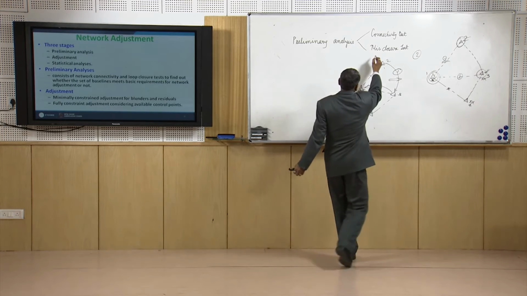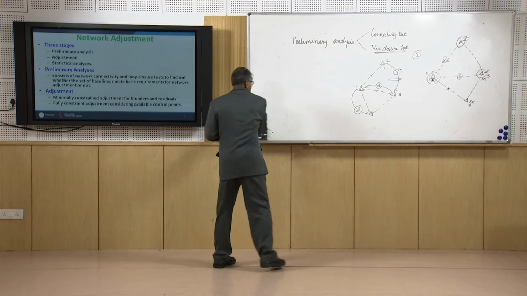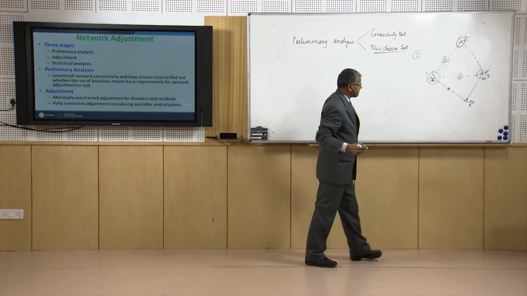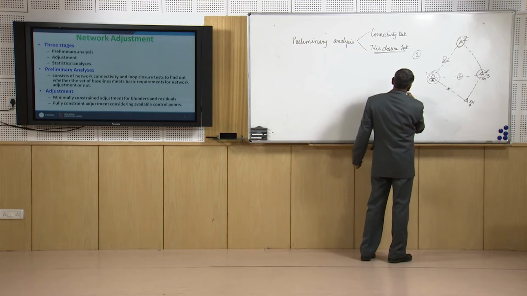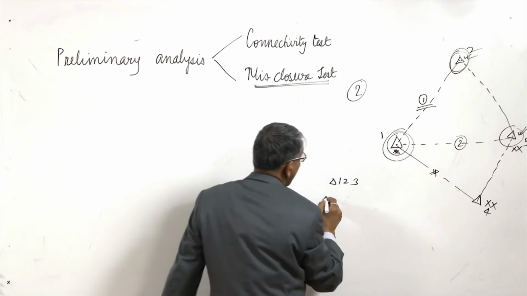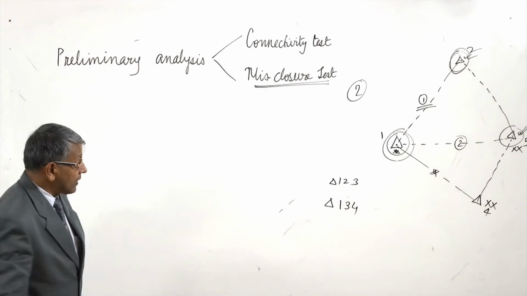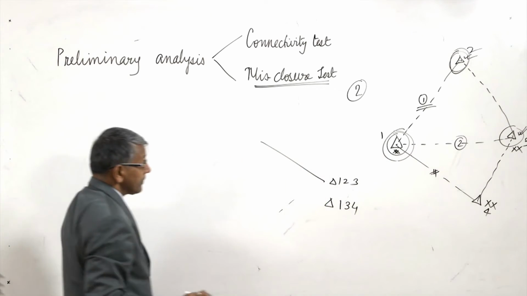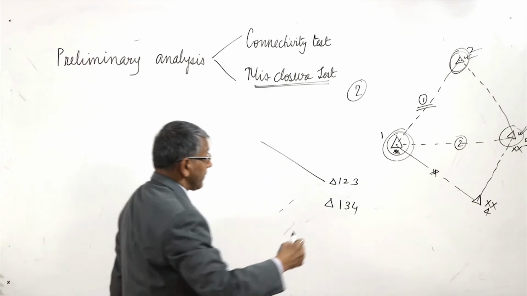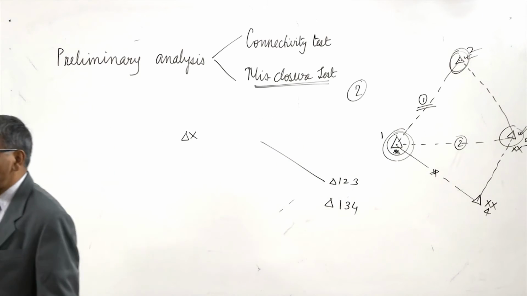Then we have to go for the misclosure test. As I told you, in this case the connectivity test has passed. Now I have two triangles, 1, 2, 3, which is a closed triangle, and a triangle 1, 3, 4. Now if I take the change in coordinates, and these coordinates are denoted by Cartesian coordinates x, y, z.